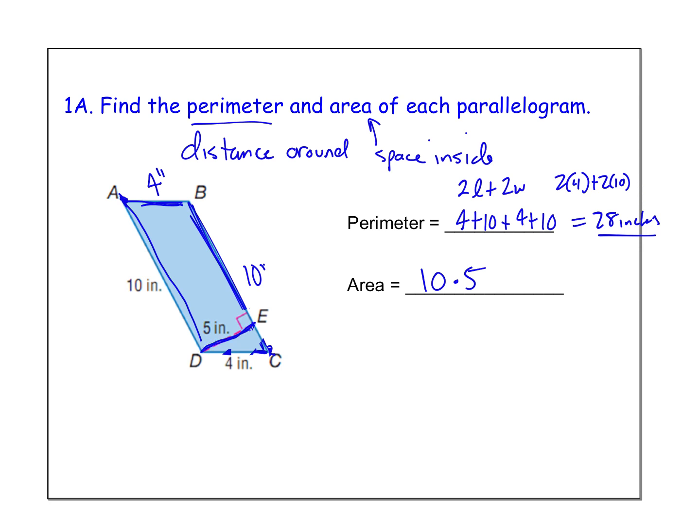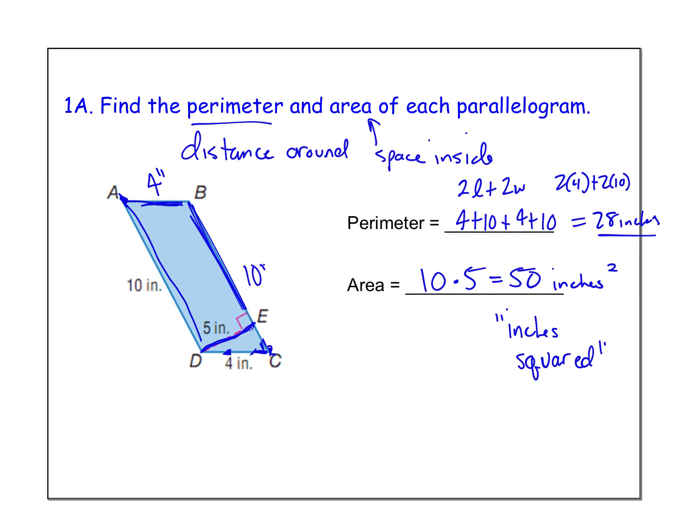That's how I know 10 is the base. So that answer will just be 50 inches, and because I'm talking about area, I label that squared. So that's 50 inches squared.